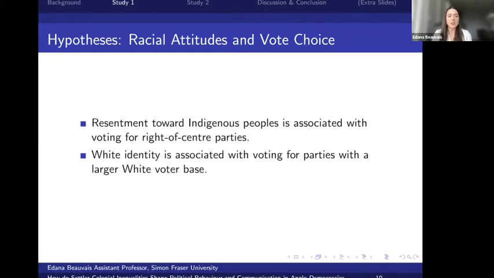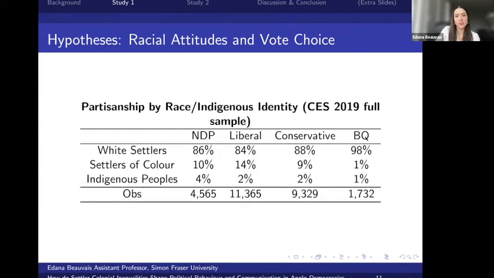And I also hypothesized that white identity is associated with voting for parties with a larger white voter base. In the Canadian context, I'll just explain this for a second for those of you who are not familiar with Canadian politics. We have the more left-leaning party, the Social Democratic Party, which is the NDP. We have the center-left party, which is the Liberals.